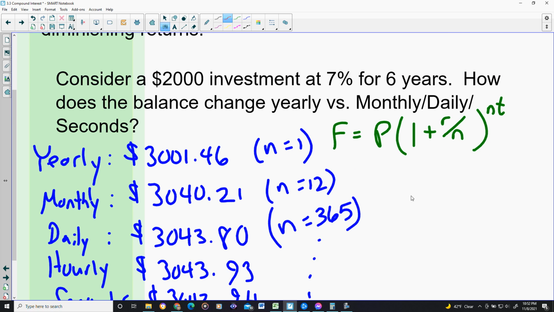Okay, so that's the effect of n. Essentially, the values of n that you're going to see in this class: you'll see 1 for yearly, not as often, but you will. The ones you're most likely to see are 4 for quarterly, 12 for monthly, and then 365 for daily.